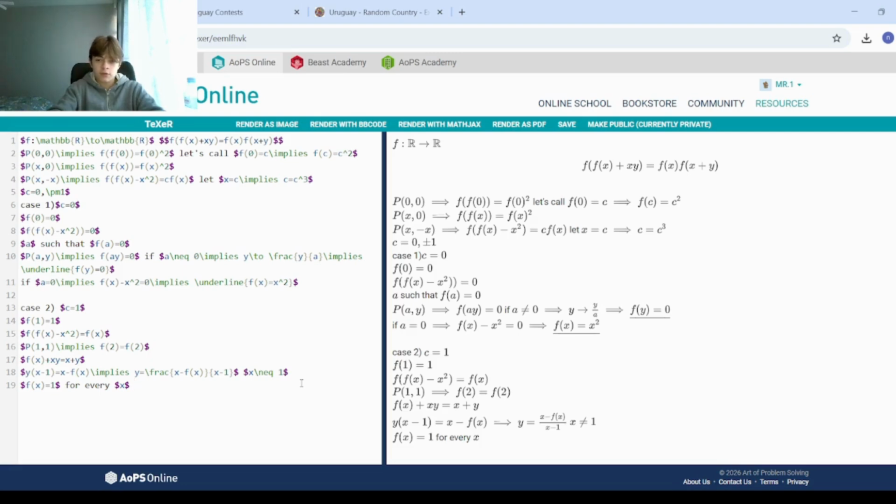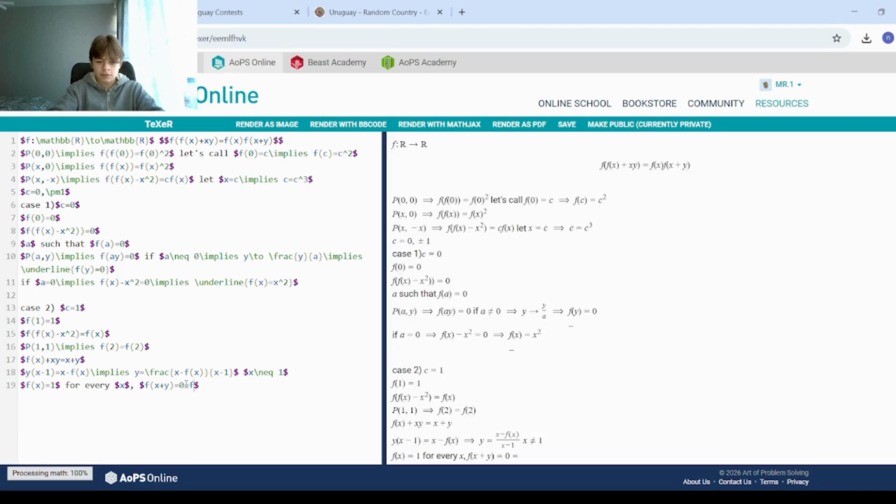We have this, or there's a second case, which is if x plus y is equal to 0 for that kind of y.